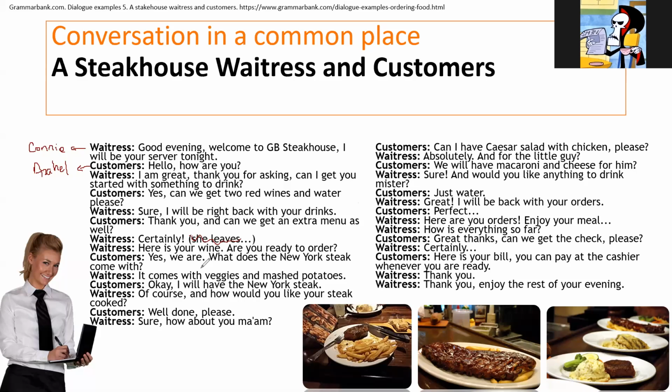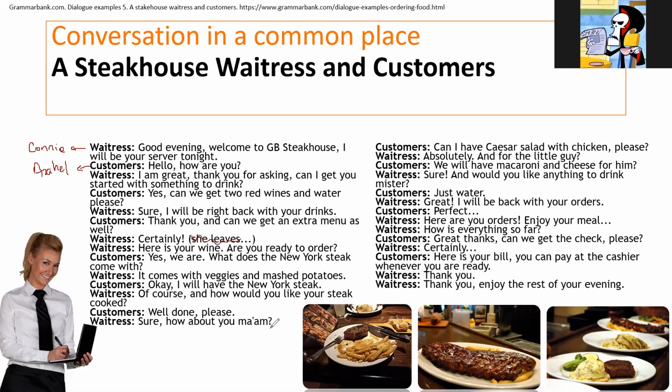Here is your wine. Are you ready to order? Yes, we are. What does the New York steak come with? It comes with veggies and mashed potatoes. Okay, I will have the New York steak. Of course. And how would you like your steak cooked? Well done, please. Sure.